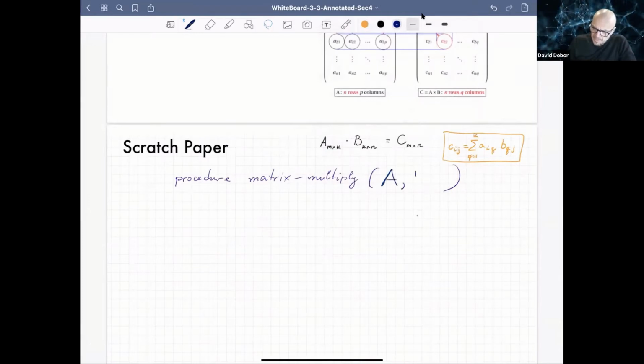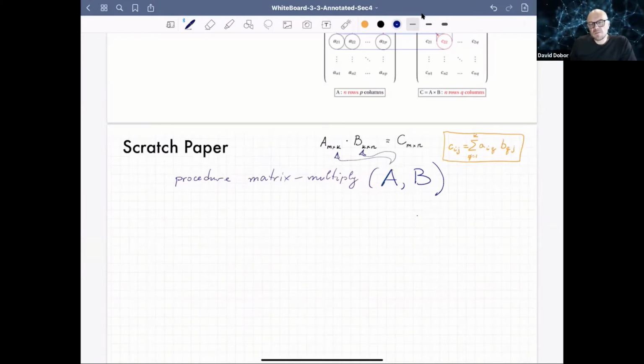A and B are going to be matrices of these dimensions, and out should come an M by N matrix.